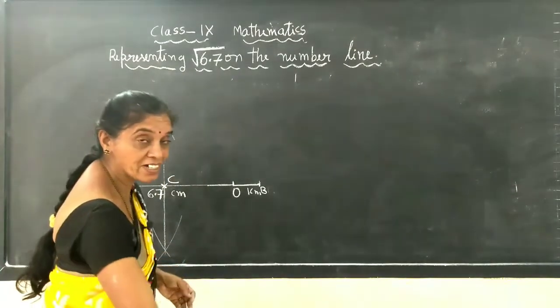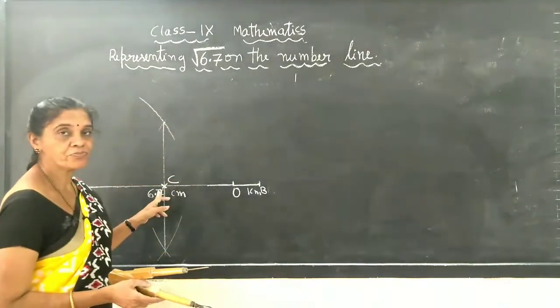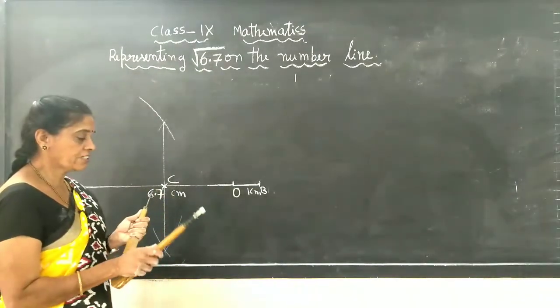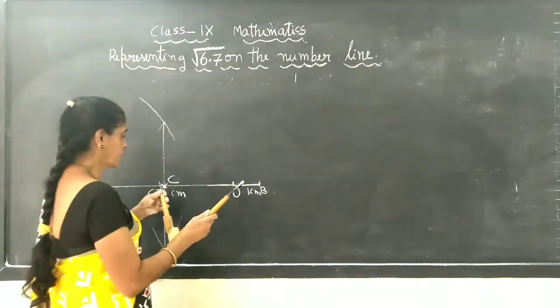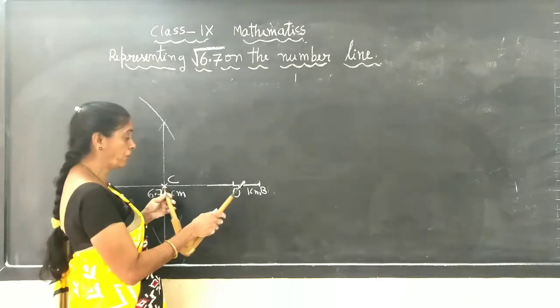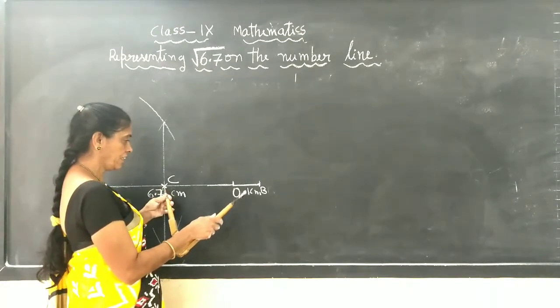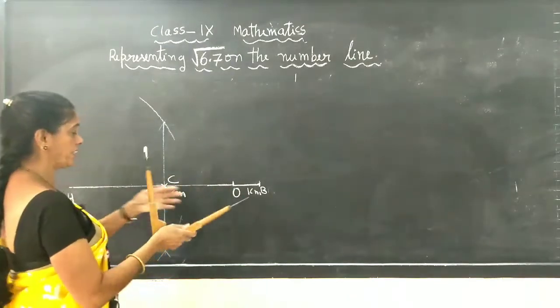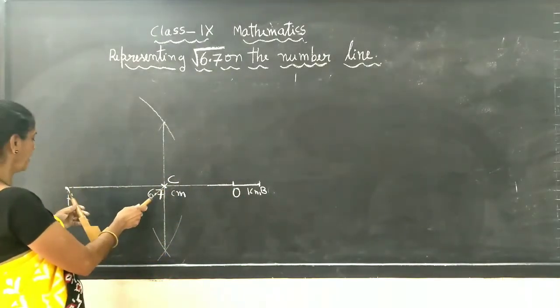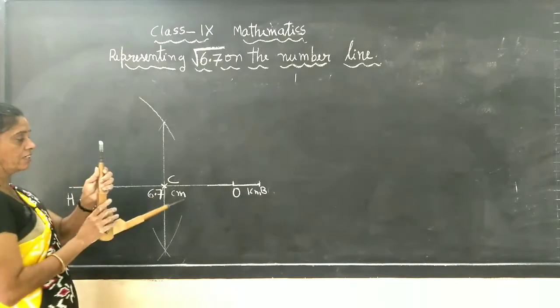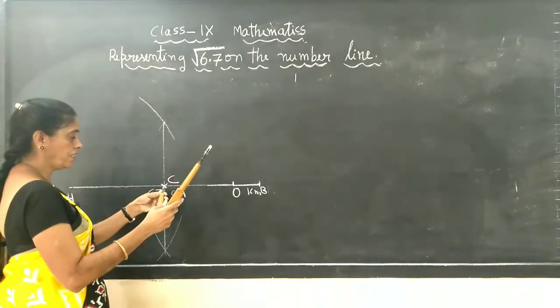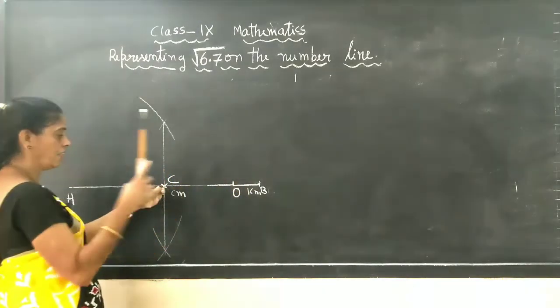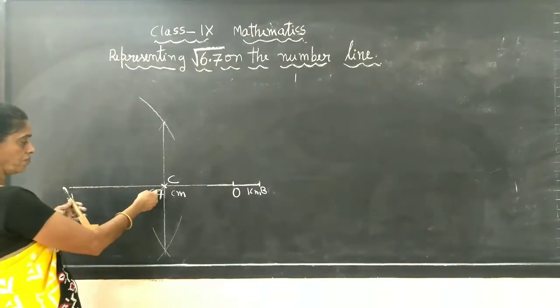Now, what is your work? Next work: I got the midpoint. Now take half of this line, from the midpoint to B, or you may keep it at A, it is the same. CB or CA, one and the same.